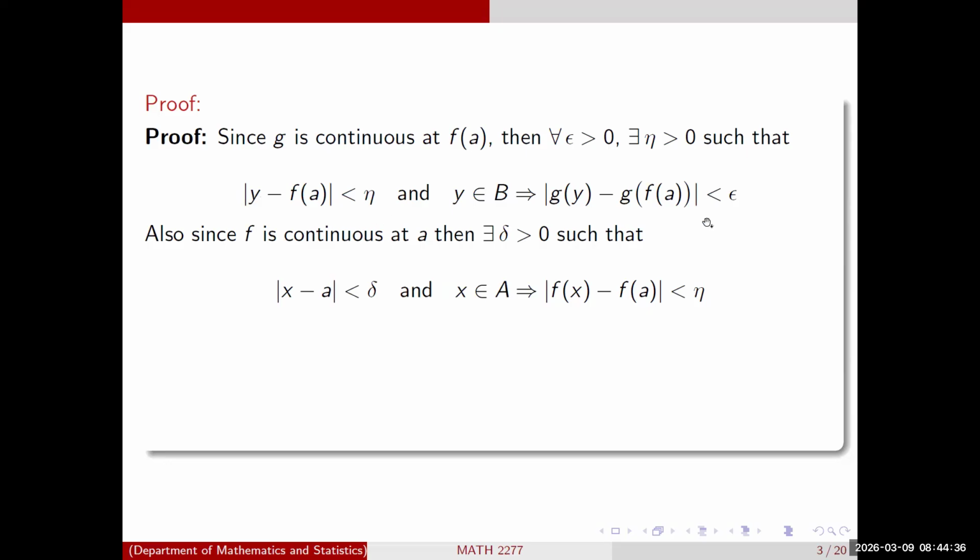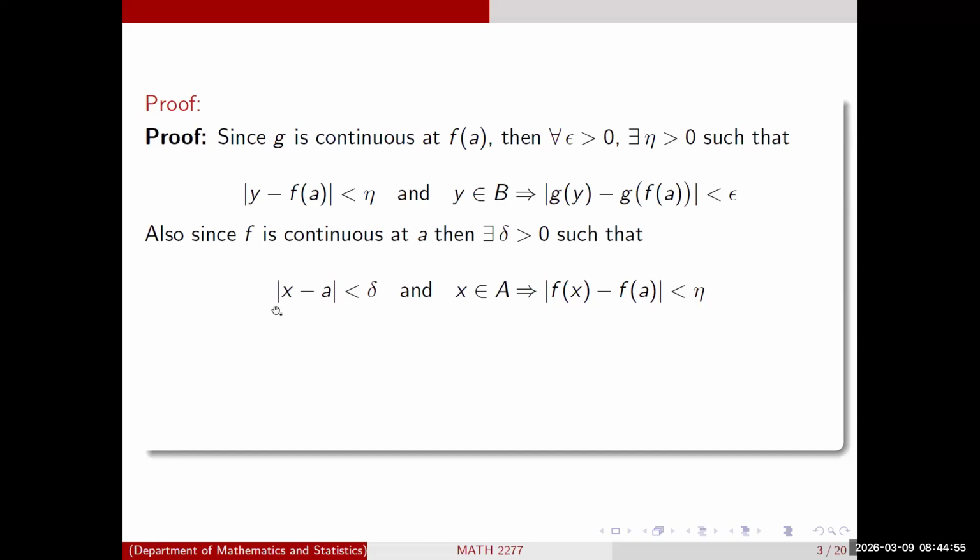So this first inequality holds whenever the distance between y and f of a is within eta. But this second inequality holds when the distance between x and a is within delta.